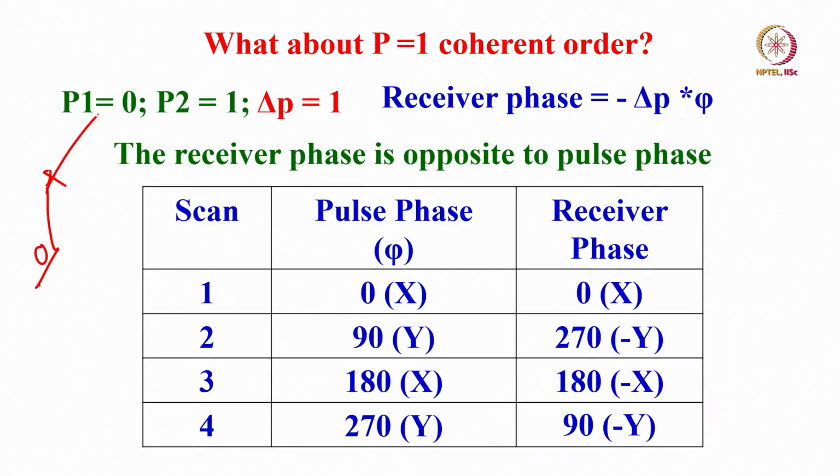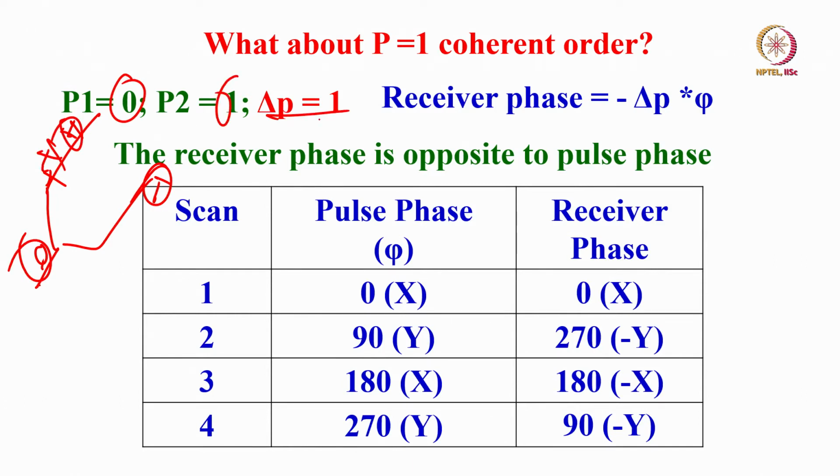You may ask me a question, what about plus 1? How do I choose plus 1? Same way, we can do that. Now if I want to select plus 1, here is 0, this is plus 1 and this is the minus 1 state. Going from 0 to plus 1, the initial state p1 is 0 and p2 is plus 1.